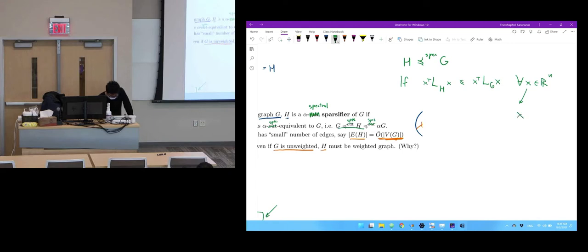If x is just the indicator function of a set S, then what is this? Yeah, it's the cut size in G of S.